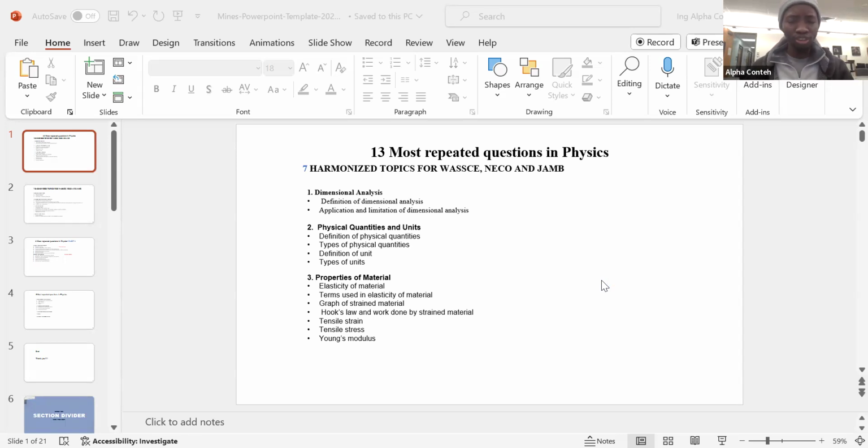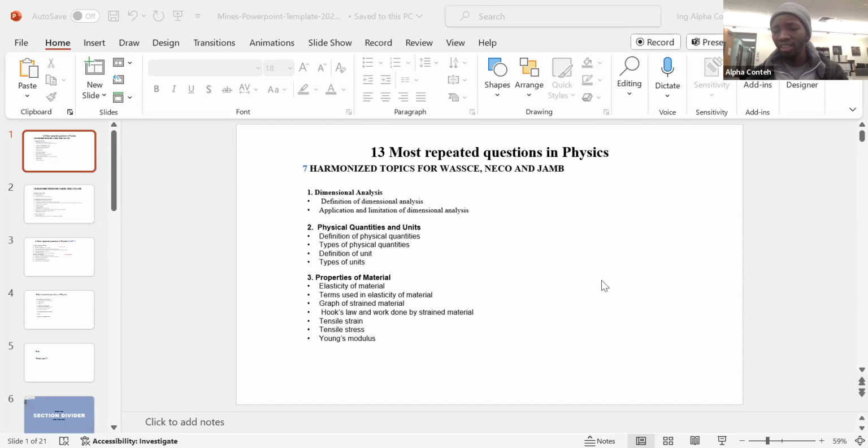Some of the subtopics you must target: first, the definition of dimensional analysis. Second, you should take note of the application and the limitation of dimensional analysis.